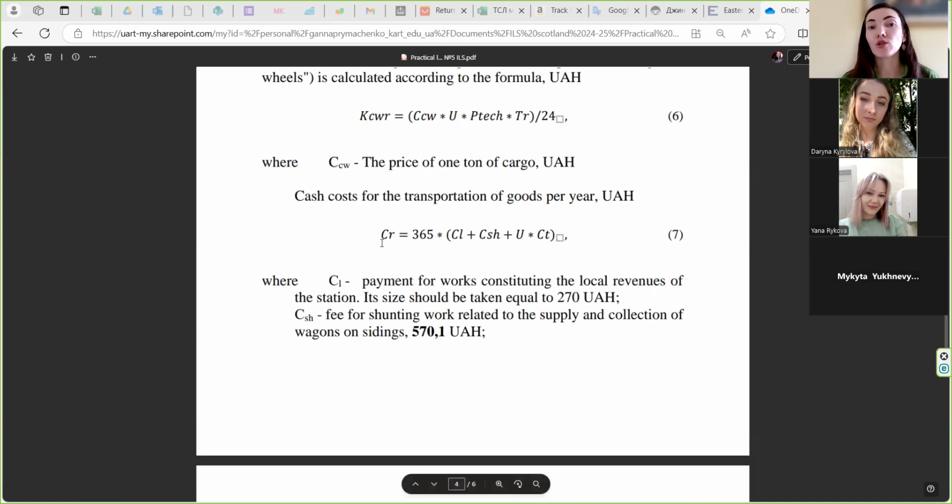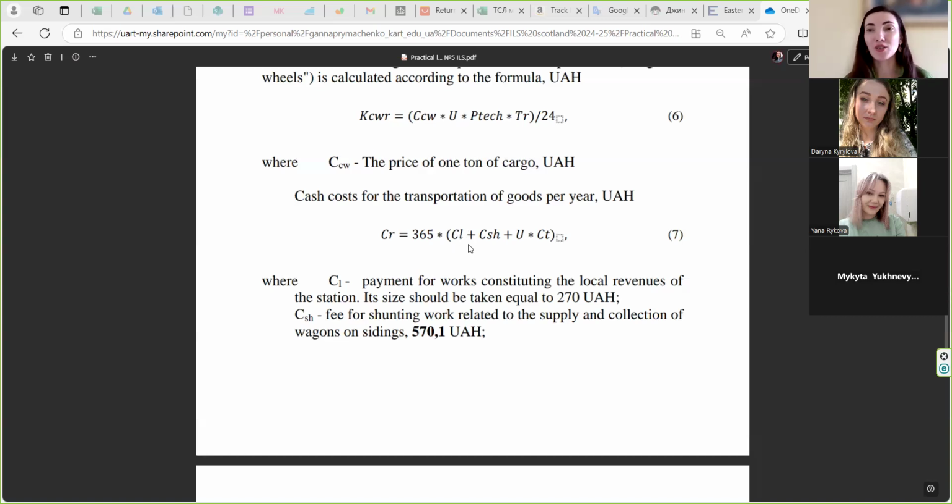You write on your list or in your documents that cost C with index R is equal to 365, which is how many days are in a year, multiplied by, and we open the brackets, C with index A. What does it mean?